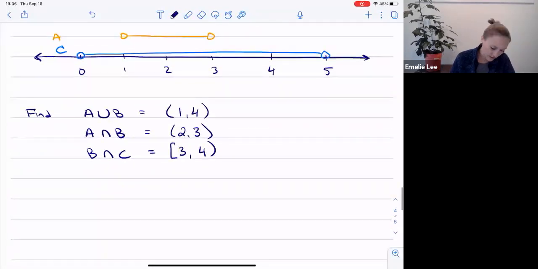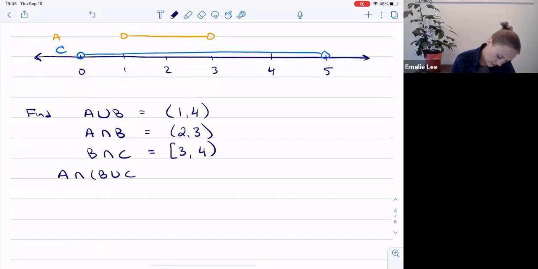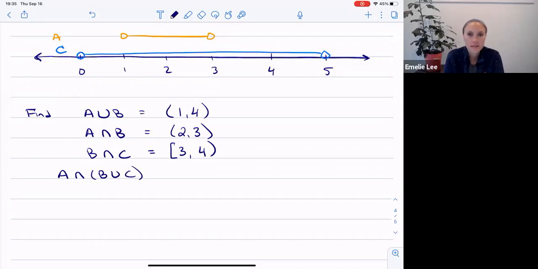What about something a little bit trickier? What about A and B or C? I don't have B or C yet, so I'm going to start there because it's in brackets.